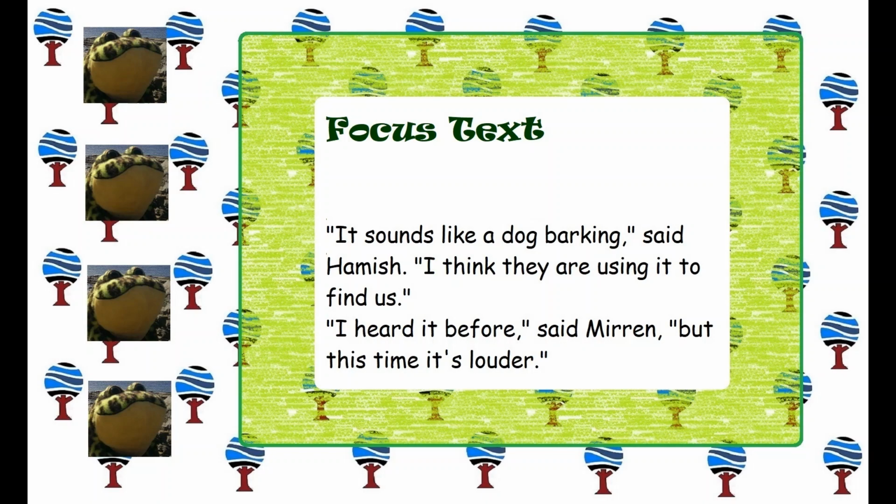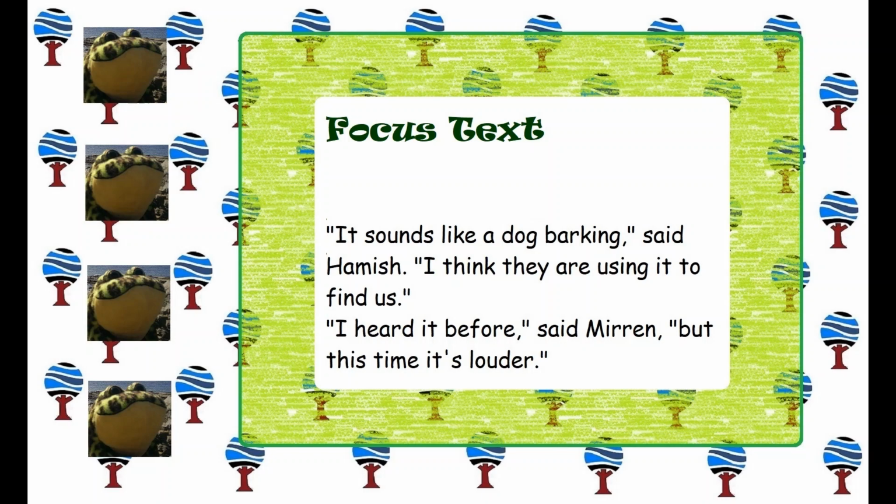In the final paragraph, it is very similar, except the main difference this time is that Mirren is only saying one sentence, but the sentence has been split up into its two parts. "I heard it before" is the first part, but this time it's louder. The conjunction "but" is telling us that what she's saying is just one full sentence. So we have speech marks, capital letter to start her sentence that she spoke.